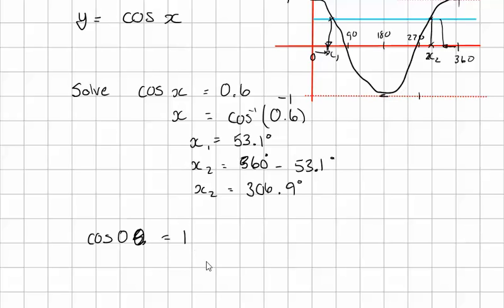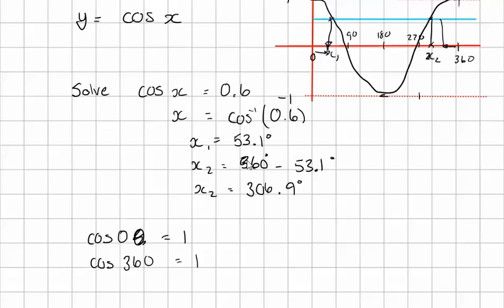So we know that one. Cos of something else is also 1. 360. So cos of 0 and cos of 360, we know those are 1.